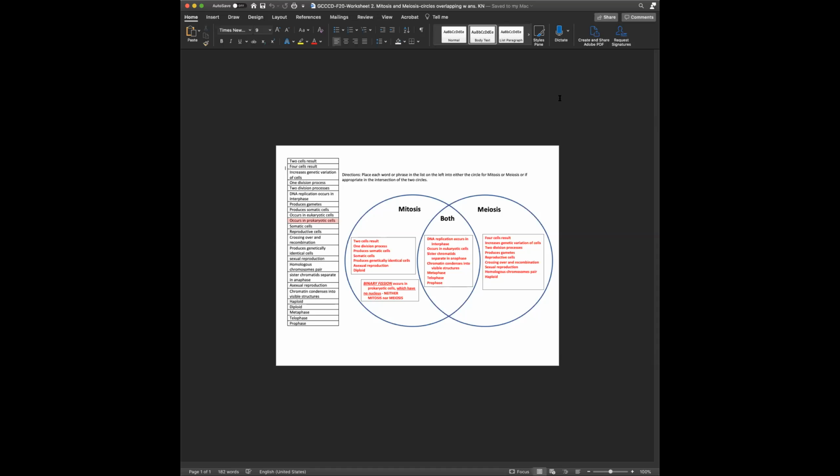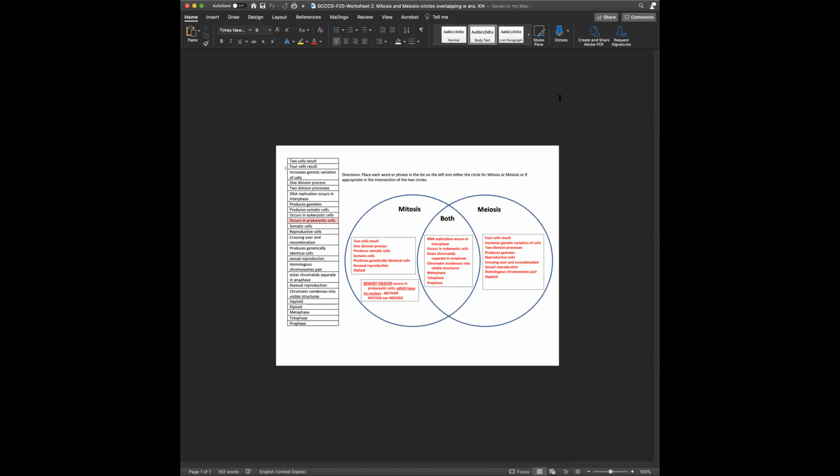Chromatin condenses into visible structures. That occurs in both mitosis and meiosis. Haploid, meiosis only. Diploid is in mitosis, and we're talking here about the end result. The end result of mitosis is 2 diploid cells.